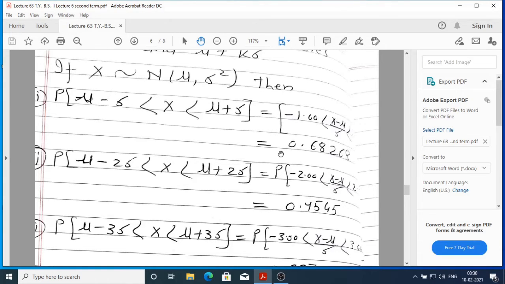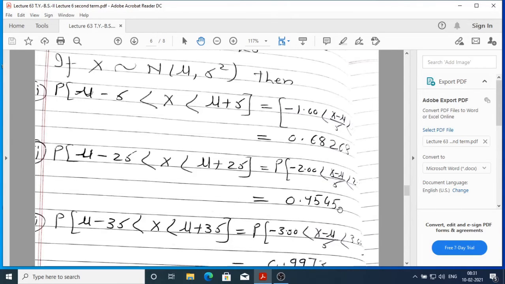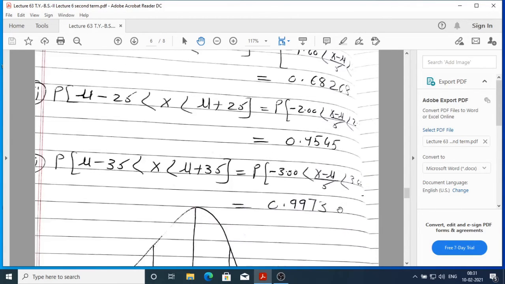The probability is 0.68. Then probability mu minus 2 sigma less than x less than mu plus 2 sigma is equal to probability minus 2.00 less than x minus mu upon sigma less than 2.00 positive. The probability is 0.9545.